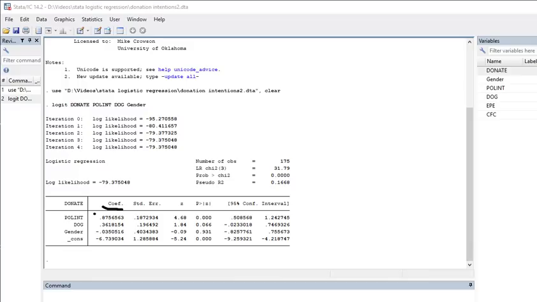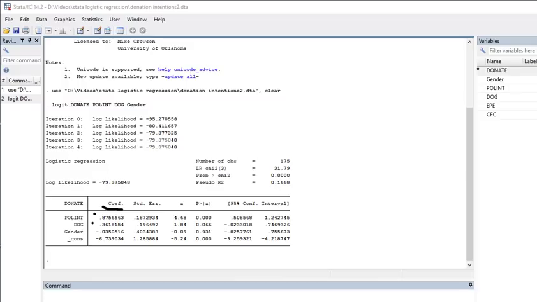So we could say that political interest is positively related to the likelihood of falling into the intention to donate group. Basically, at higher levels of political interest, you would expect a greater likelihood that a person would fall into the intention to donate group, whereas at lower levels of political interest, you would expect less probability of falling into the intention to donate group.